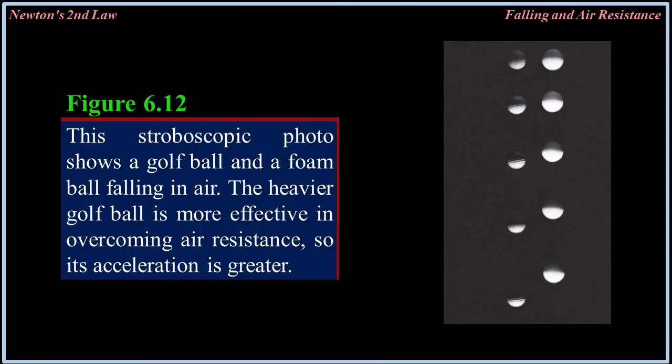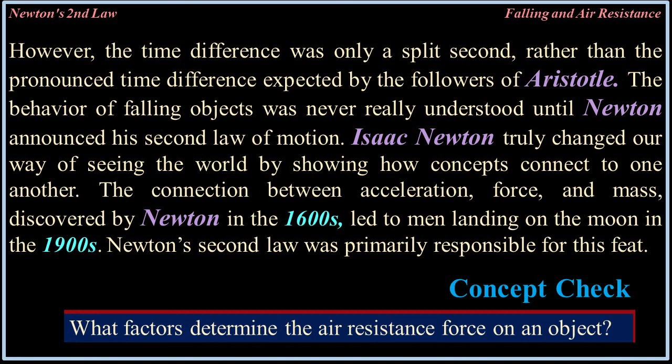The stroboscopic photo shows a golf ball and a foam ball falling in air. The heavier golf ball is more effective in overcoming air resistance, so its acceleration is greater. However, the time difference was only a split second, rather than the pronounced time difference expected by the followers of Aristotle.